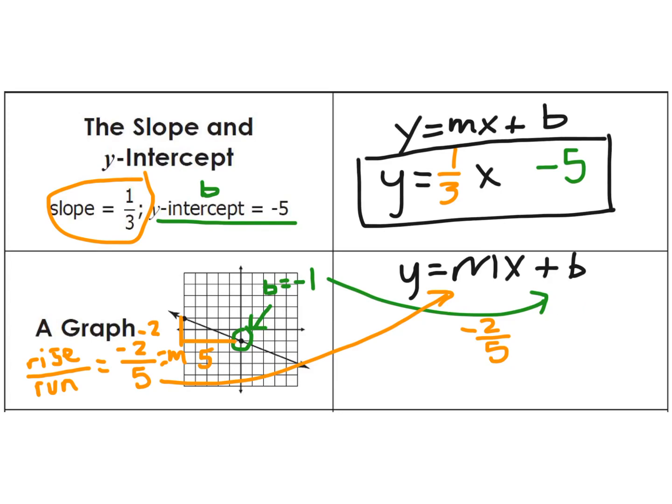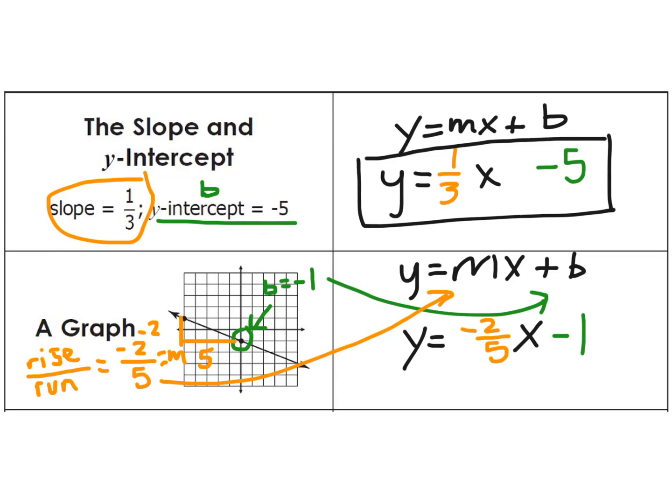And then finally, you just are going to bring down your y and your equals and your x. And that is our answer. I'm not doing very good with these boxes, so I'm just going to leave it off. All right, but that's my answer. y equals -2/5 x minus 1.